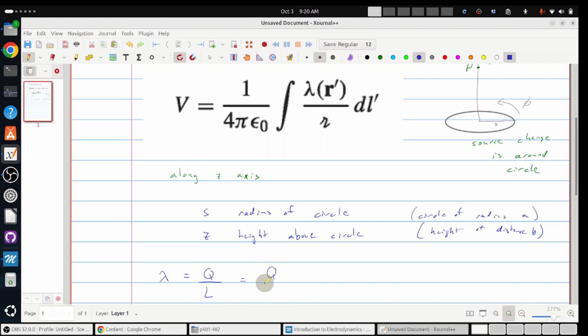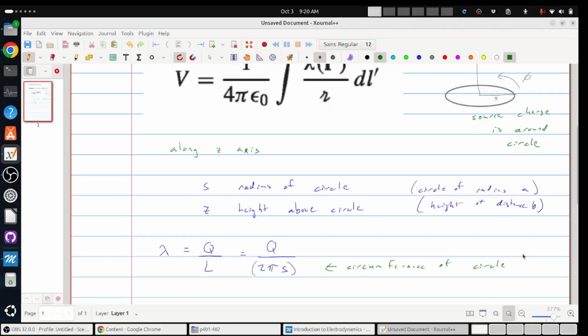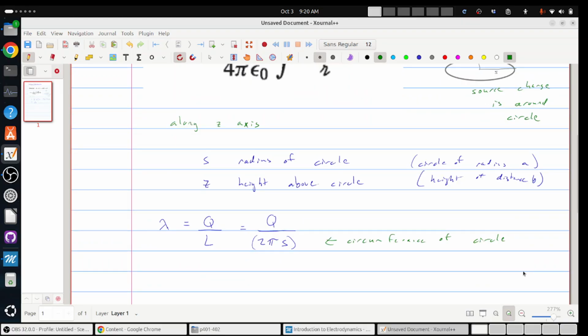So it's some total amount of charge over 2 pi s, because that total length is the circumference of the circle. And I could make this an s prime just to make it clear that it's the source circle.